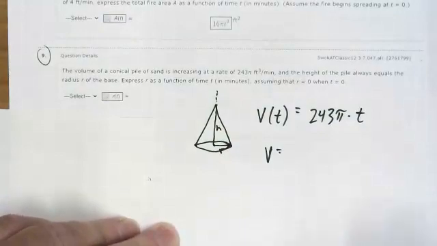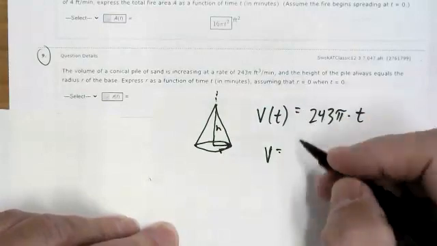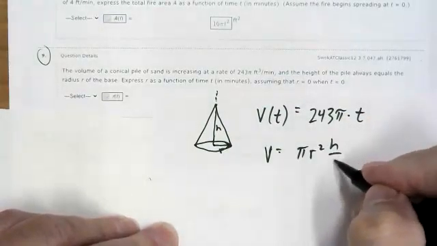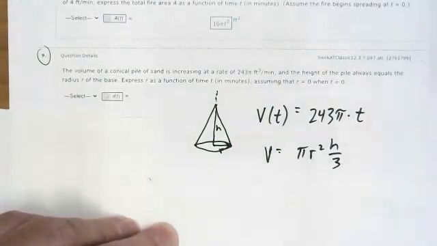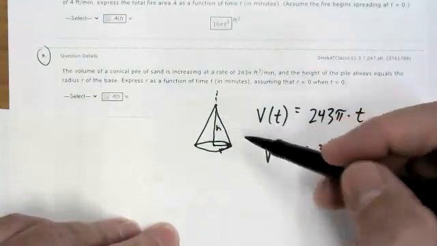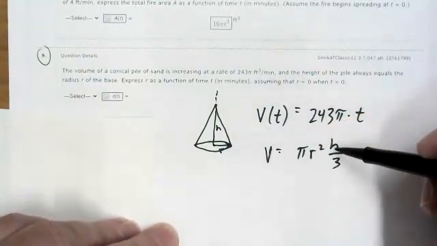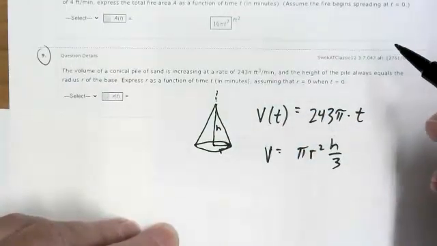I had to look it up. The volume of a cone is pi r squared h over 3. So to determine the volume of a cone, you have to know the radius of the bottom of the cone, and you have to know the height of the cone.